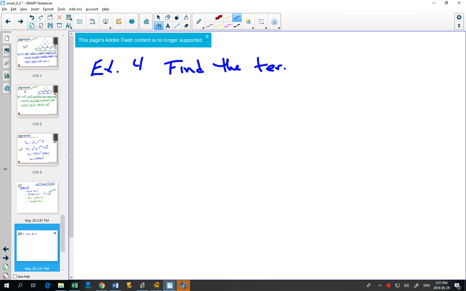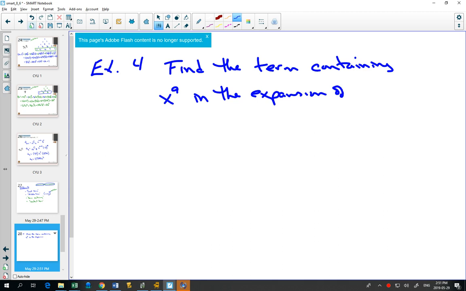Find the term containing an x to the 9 in the expansion of (3x squared minus 2 over x) to the 9.